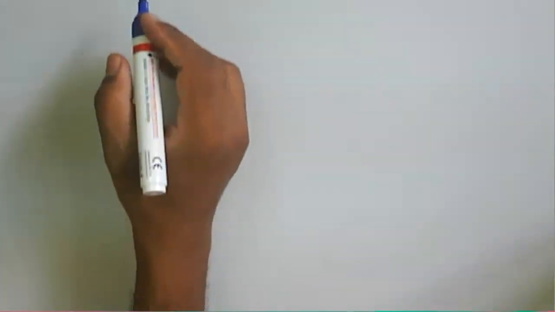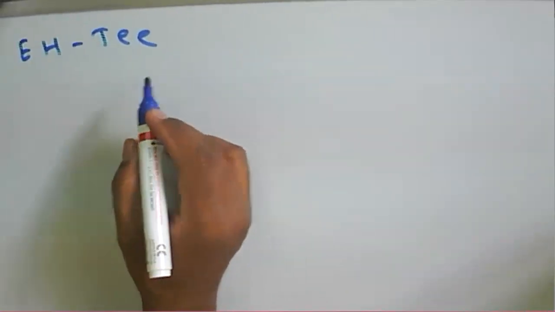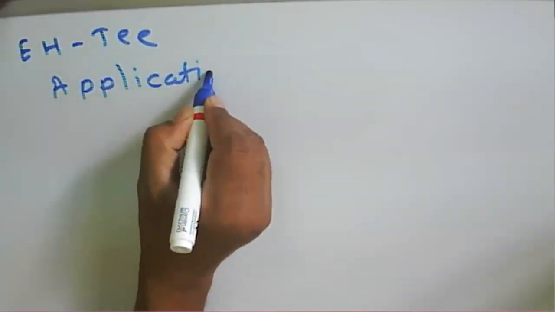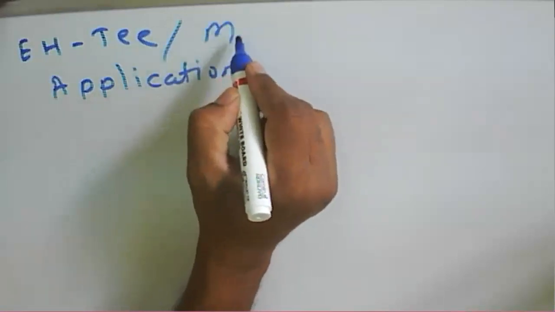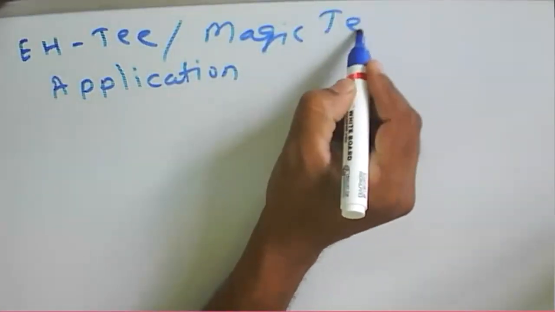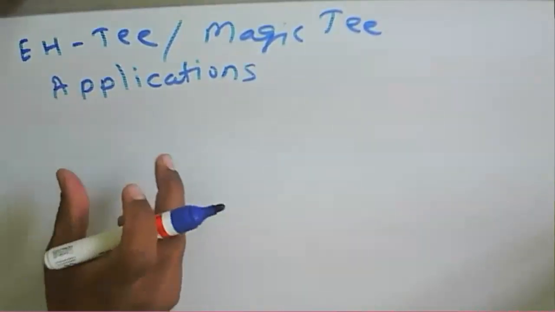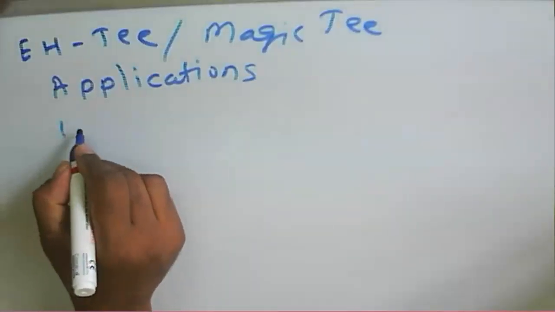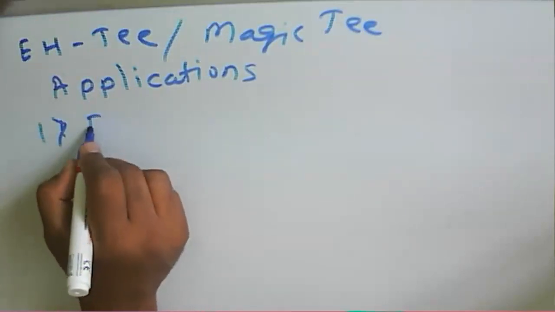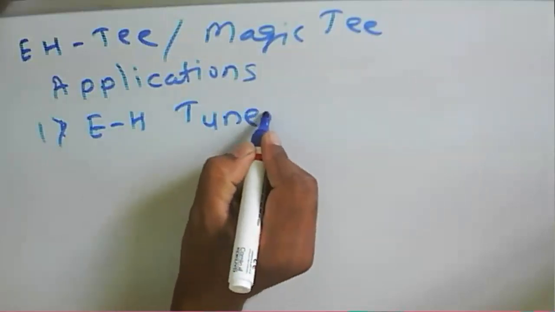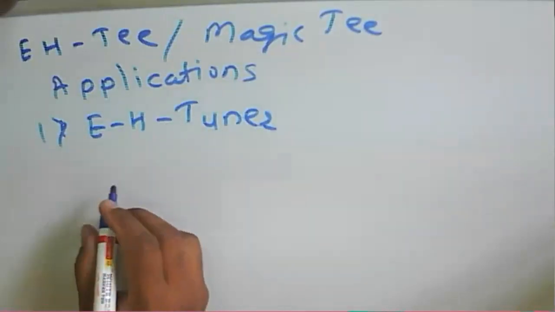What are the various applications of the E-H tee, or the magic T? Magic T can be used in various applications. First, we can use a magic T in an E-H tuner.